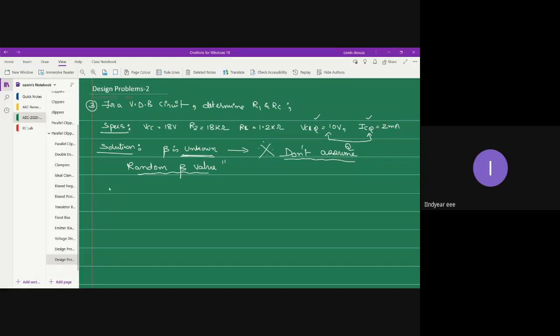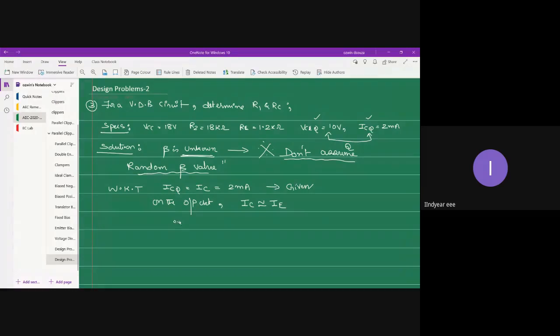So we know that ICQ, which is nothing but the collector current, is equal to 2 milliampere. This is given. Now on the output circuit, the collector current and emitter current are very close to each other, so you could say that IC is approximately equal to IE.